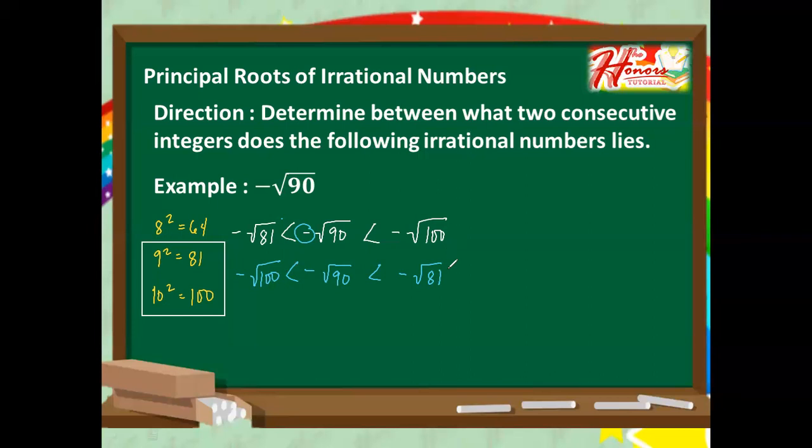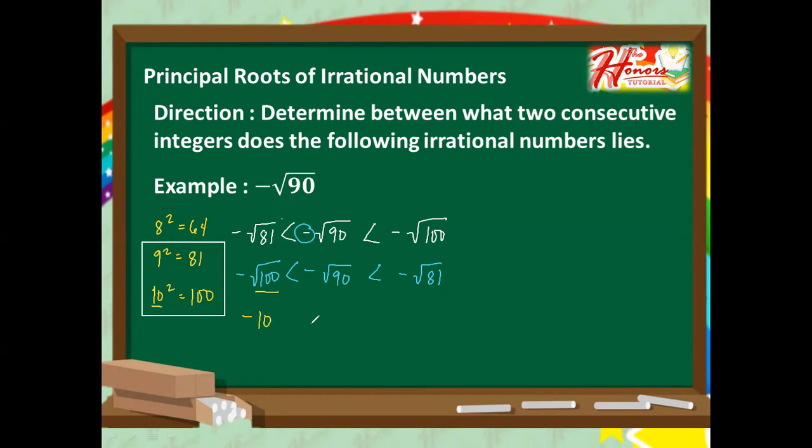See the transformation of the equation. And then after that, get the square root of 100. That's 10, the base. So we have here negative 10. Just write the negative sign. Don't be bothered about it.